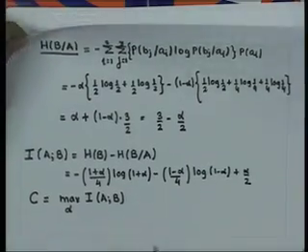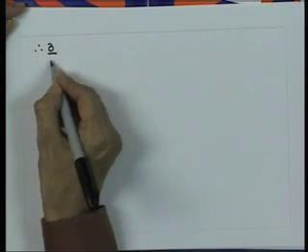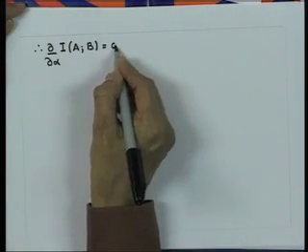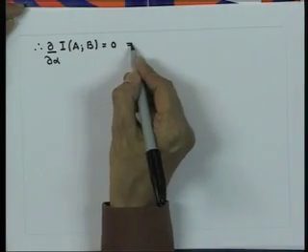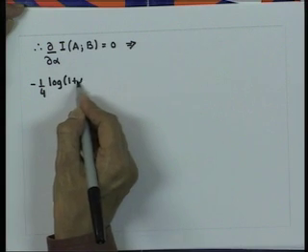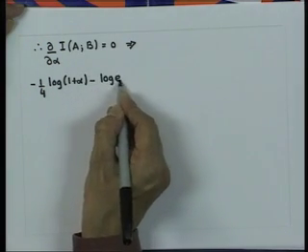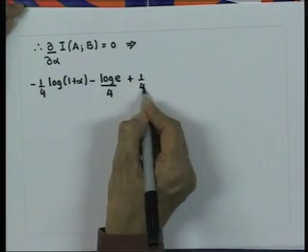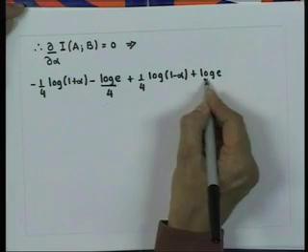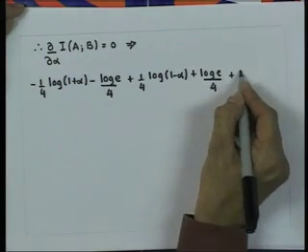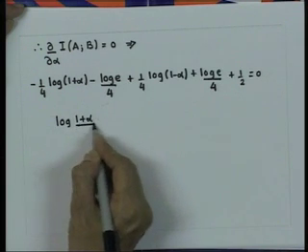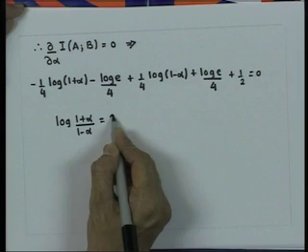Therefore, this implies dI(A;B) by d alpha equal to 0, which implies that minus 1/4 log of (1 plus alpha) minus (log e) by 4 plus 1 by 4 log (1 minus alpha) plus (log e) by 4 plus half is equal to 0, which implies log of (1 plus alpha) upon (1 minus alpha) is equal to 2.